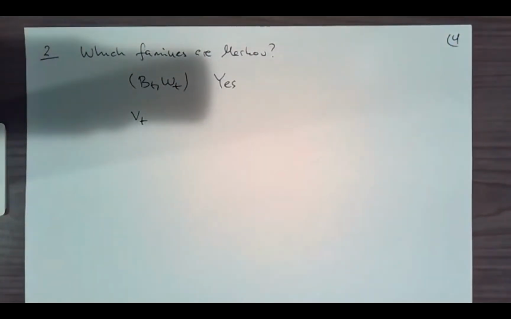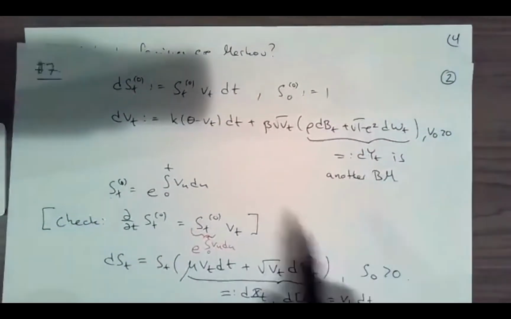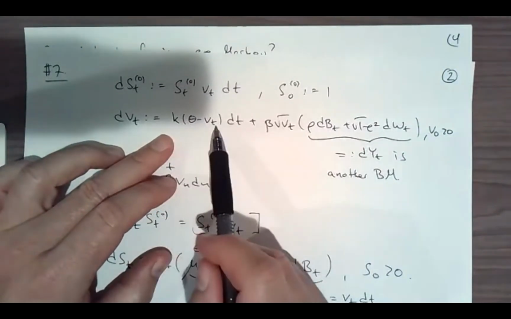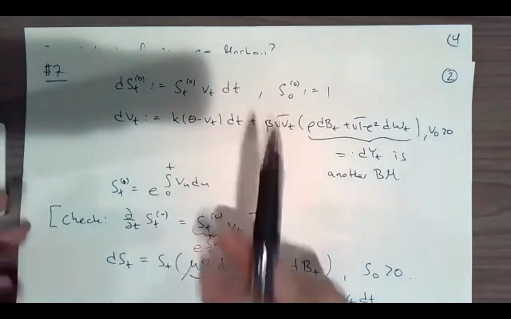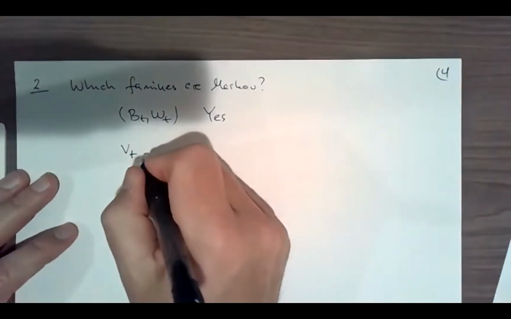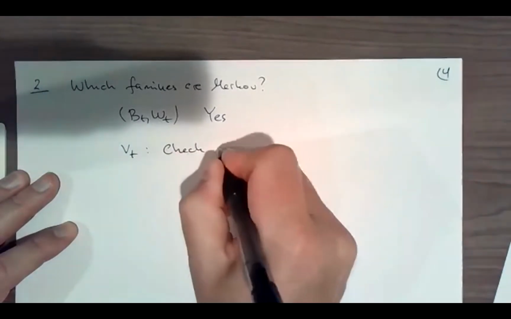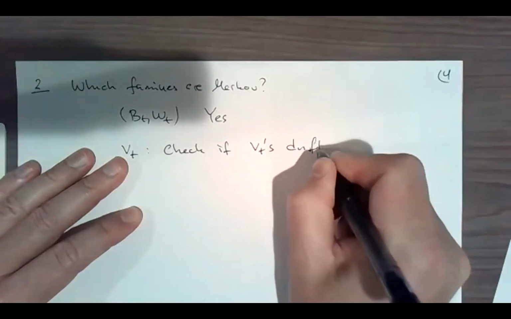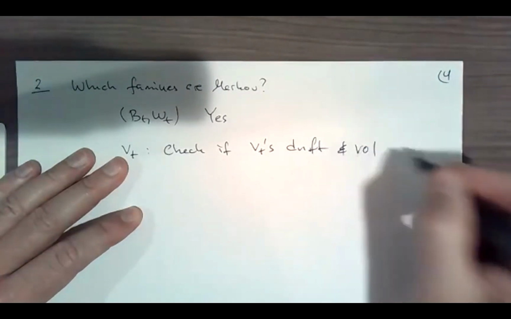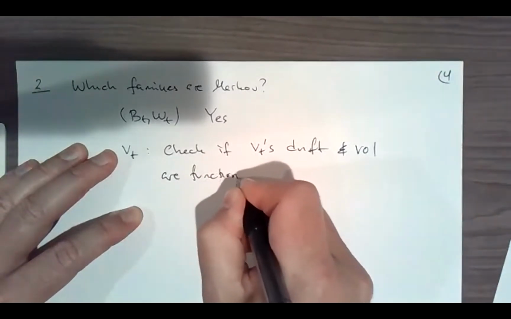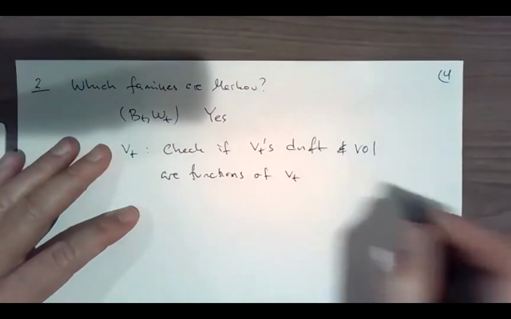Is VT Markovian? Well, there the thing to look for is whether the right-hand side's coefficients are just functions of VT. So we need to check if VT's drift and vol are functions of VT.